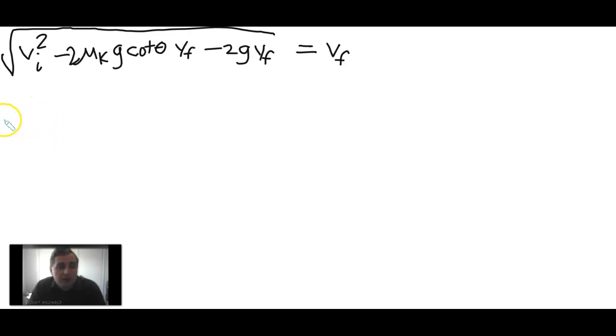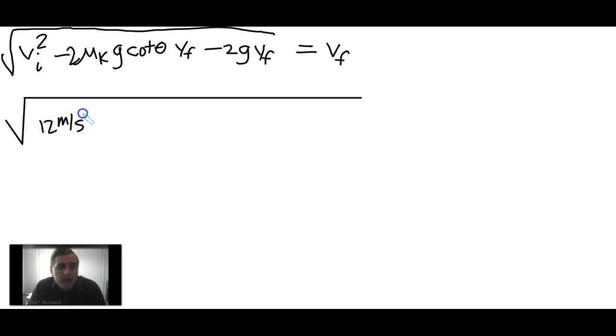Okay, so let us put the numbers in. This is the square root of all these numbers. So this is going to be v initial squared. That was 12 meters per second squared. Remember, I'm writing just 12, but we'll use 3 significant digits, minus 2 times mu k, that's 0.08. Again, it actually has 3 significant digits. g is 9.8 meters per second squared, the acceleration due to gravity in free fall on Earth.